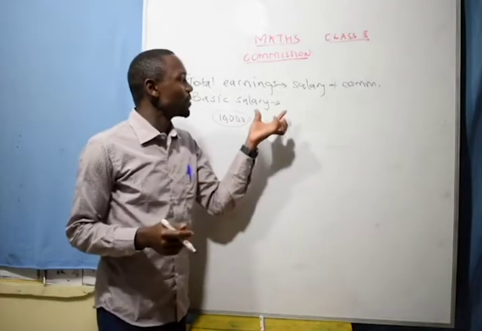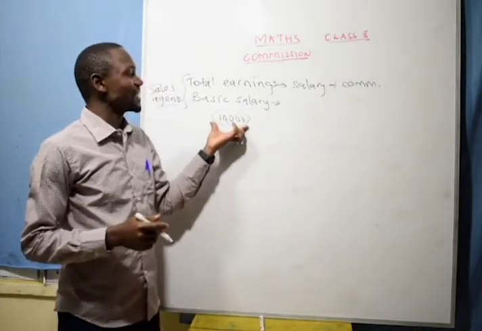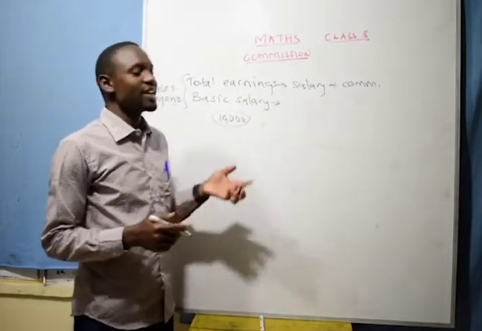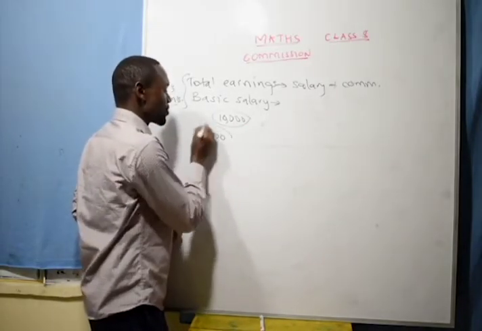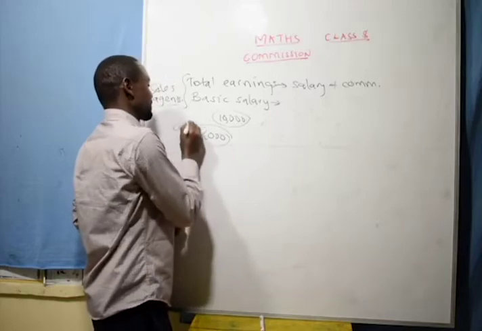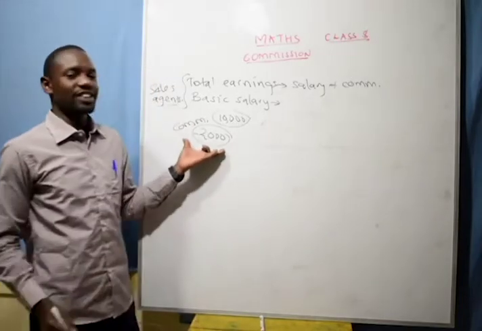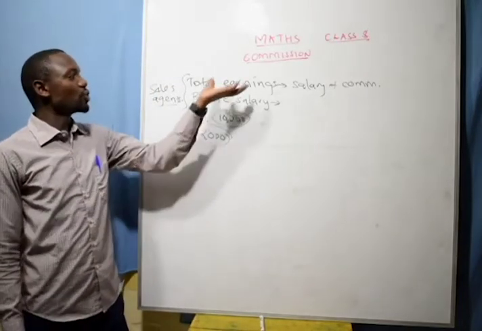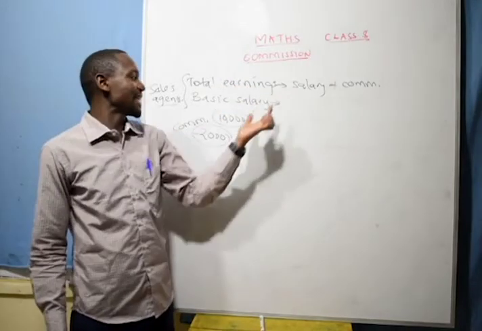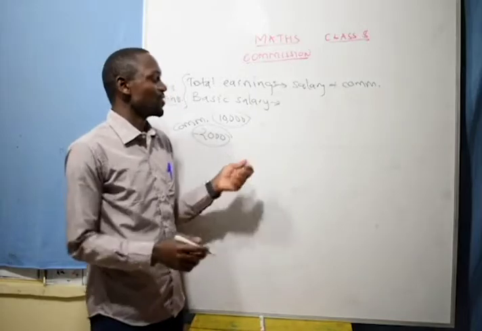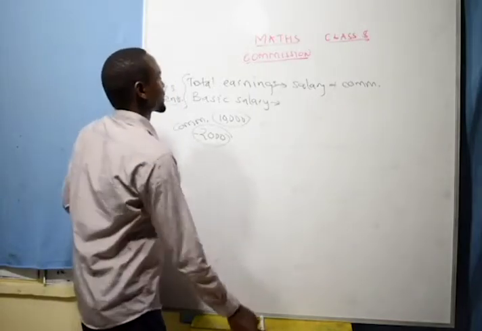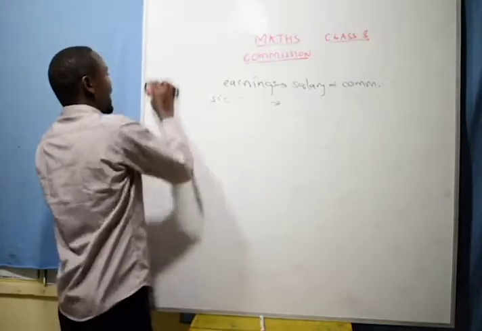So at the end of the month, you get your 10,000 shillings. Then you sell goods and you are given 2,000 shillings on top as the commission. So your total earnings will be the basic salary, that is your 10,000 shillings plus the commission, a total of 12,000 shillings.